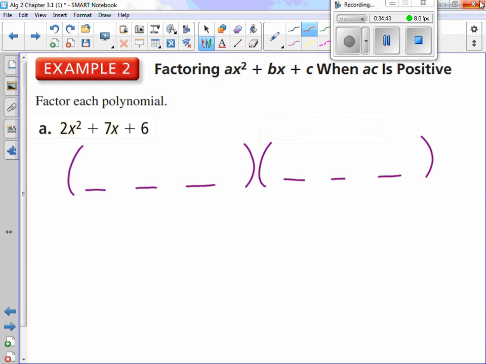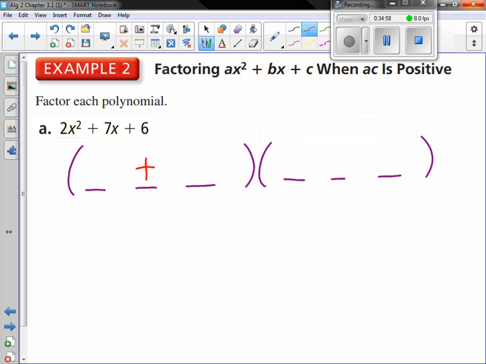So we have our two sets of parentheses. Now, the constant term is positive, yes? So the signs are the same, and they match the sign of the middle term, which would be positive and positive, yes? So they're both positive.